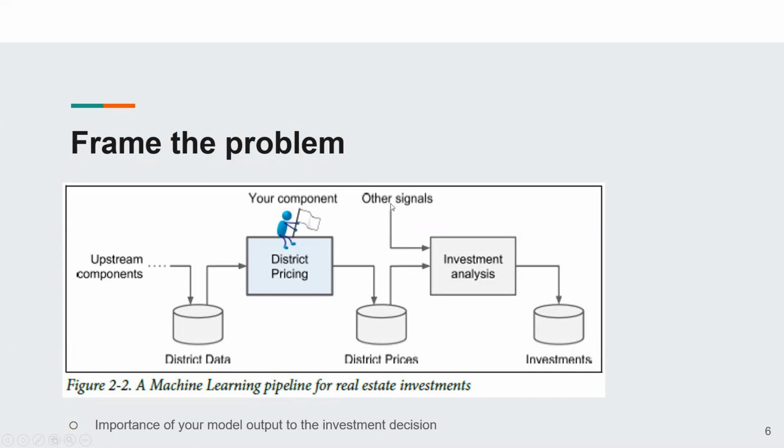Then with other signals together, you might make a decision for the business on whether you want to make an investment in a specific pocket of the state. At the end, you would make an investment decision. So apparently, this price prediction is really one of the key components for the investment decision.